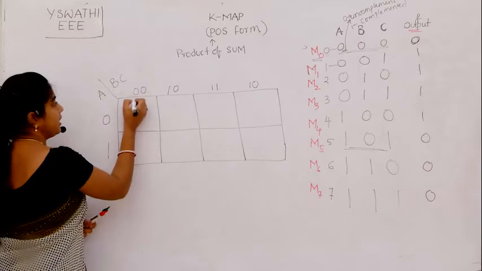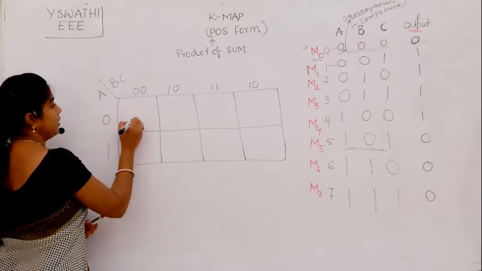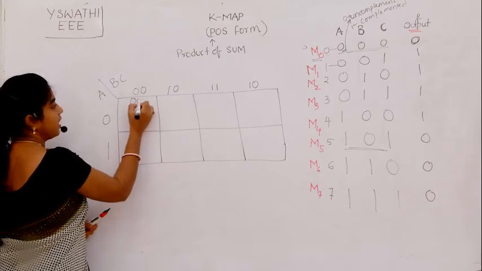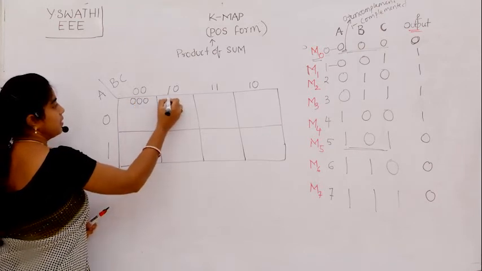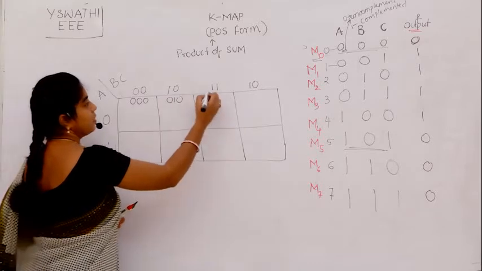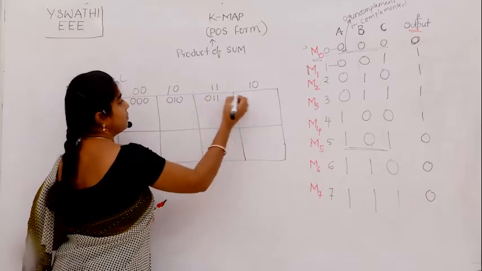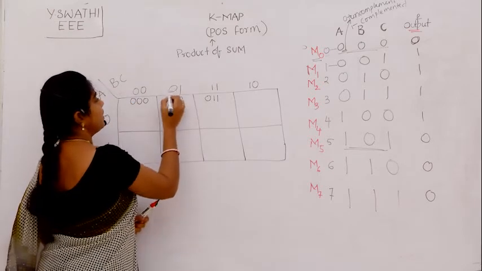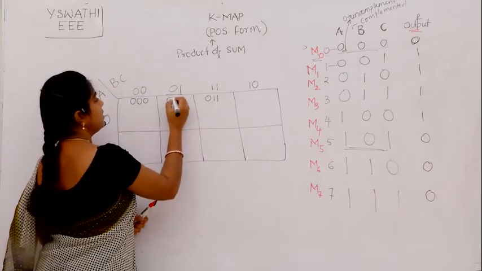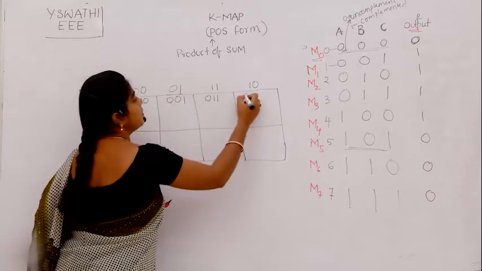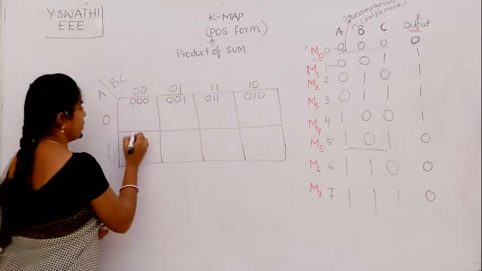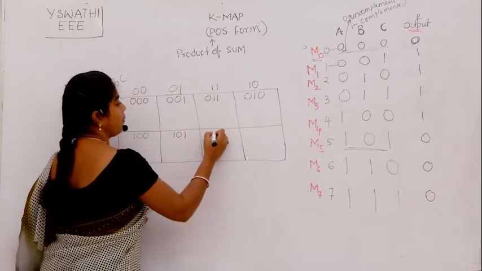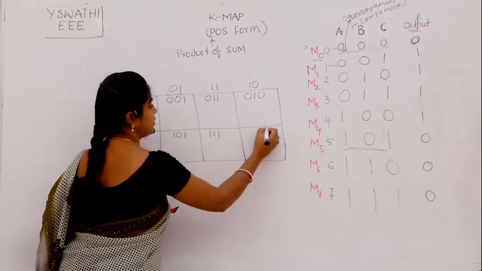So if you can see the input combinations of each cell, here A, B, C are 0 0 0, 0 0 1, 0 1 1, 0 1 0, 1 0 0, 1 0 1, 1 1 1, 1 1 0.